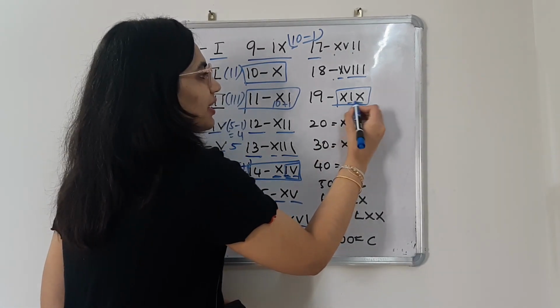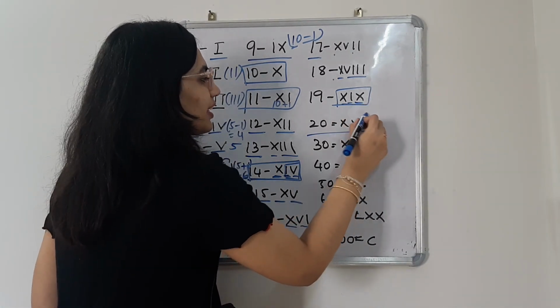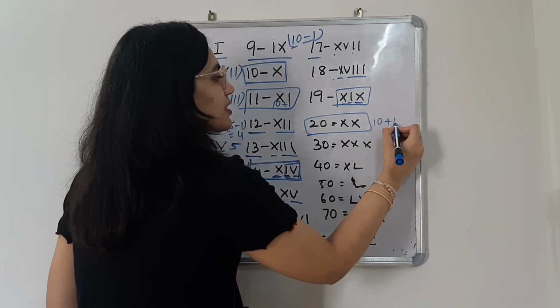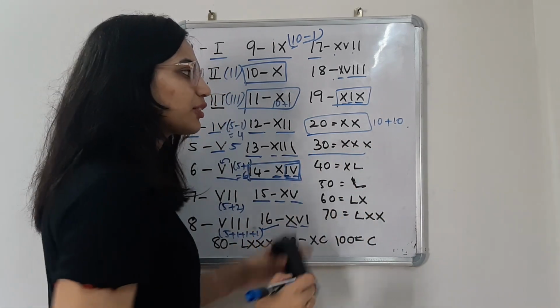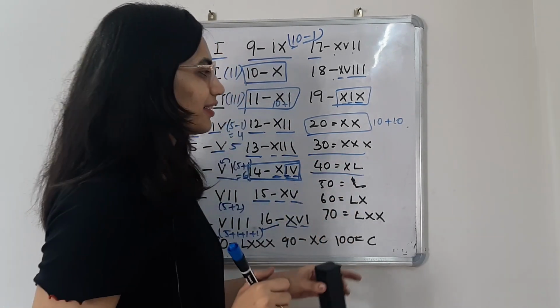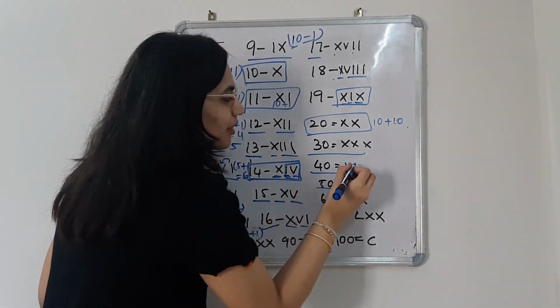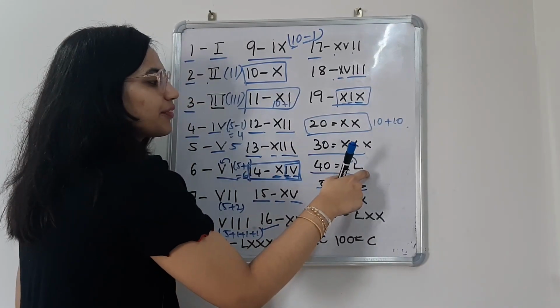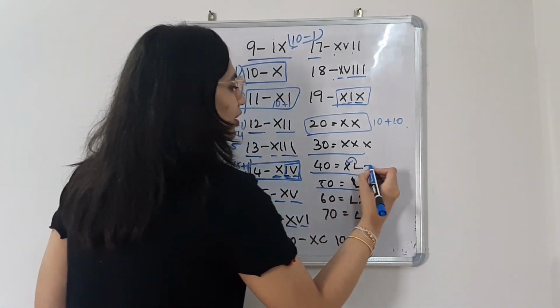That is 10 minus 1, 9 plus 10. 20 is nothing but 10 plus 10. 30, I told you 3 times we can repeat, but not more than that. 40 again can be written as 50 minus 10, that is 40.